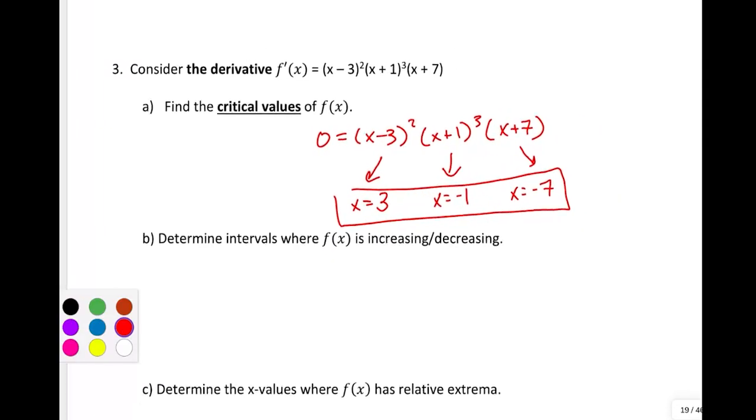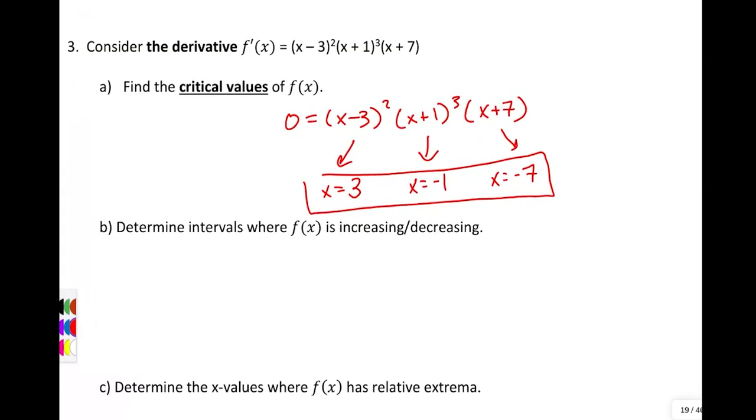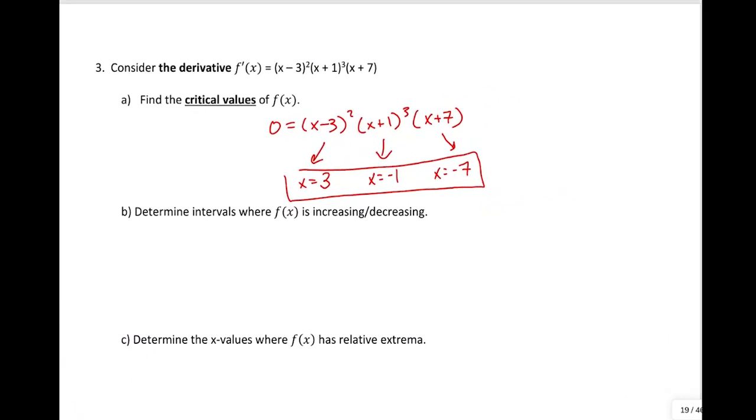So now I'm going to construct that number line. Just zoom out a little bit. So here we've got 4 intervals, but the same process. We're going to go through the exact same process here.